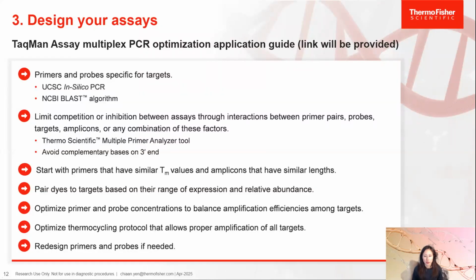There are also tools that can predict the interaction between primer and probe pairs, and we have one on our website called the Multiple Primer Analyzer tool. That will give you a prediction on potential problematic primer or probe pairs. There are also other online tools out there that do that.